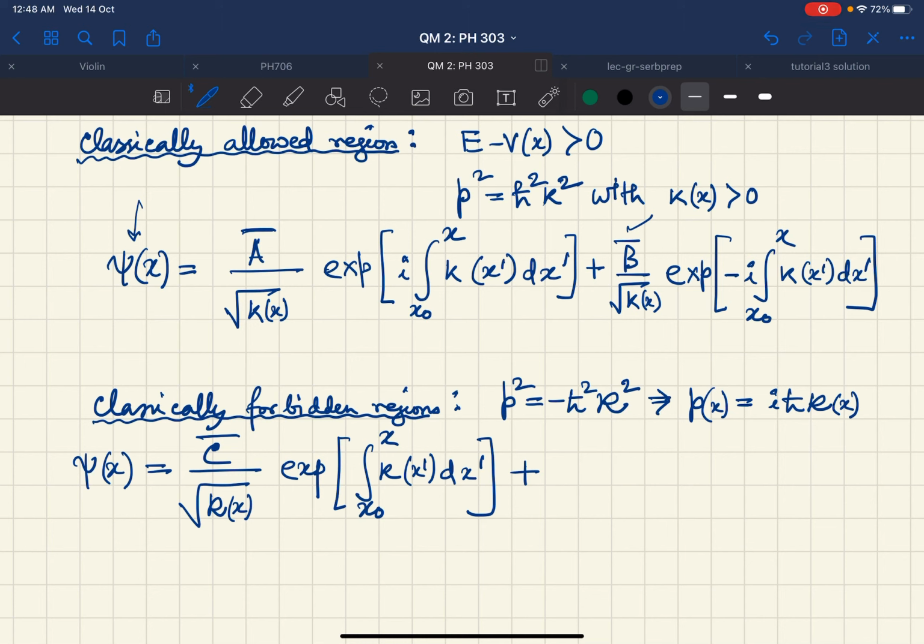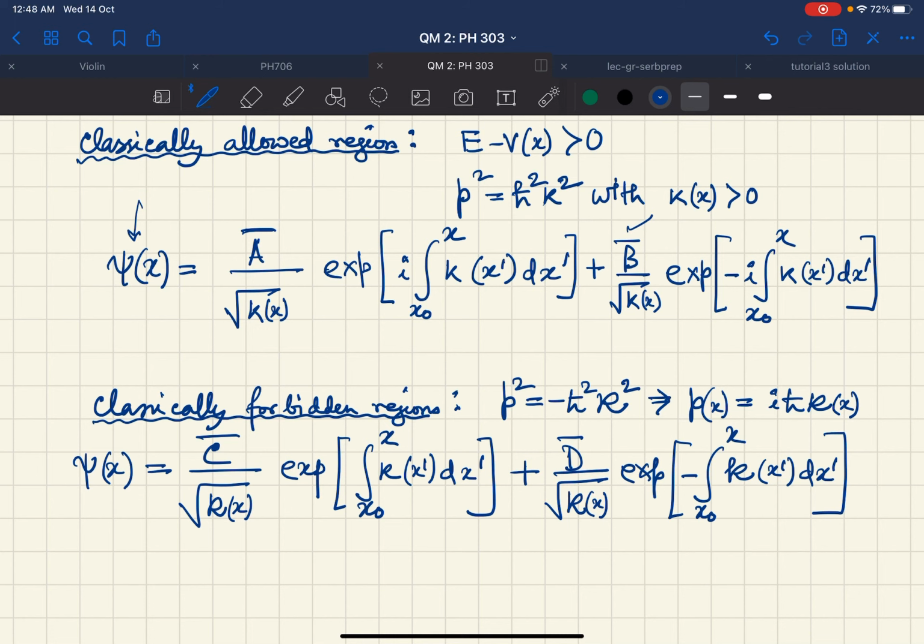Similarly, we will have d bar by square root kappa of x into exponential minus integral from x0 to x of kappa(x') dx'.